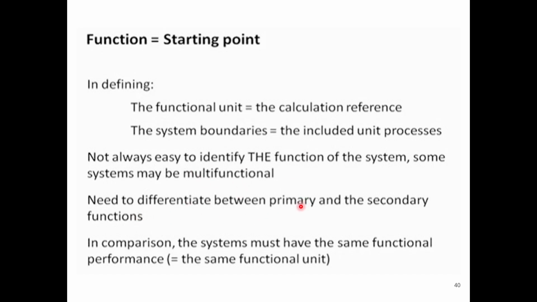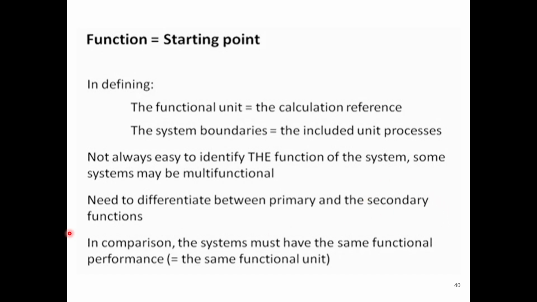Also, we need to differentiate between the primary and the secondary function, that is the specific and the generic function. Our idea should be to go for the specific function. For example, with the bulb, we need to find out which is better in terms of the intensity for a certain period, for example 700 lumens for 10,000 hours. That is the specific purpose.